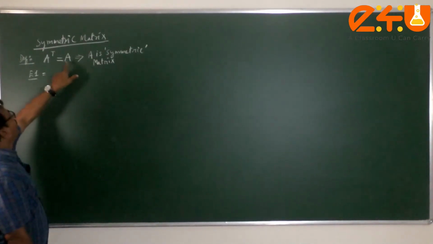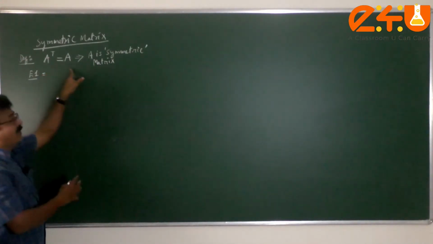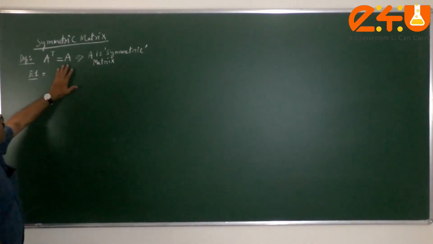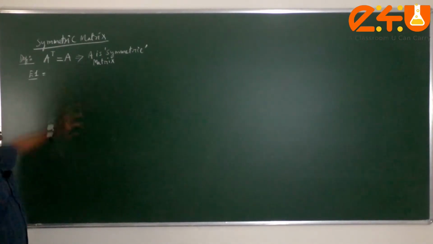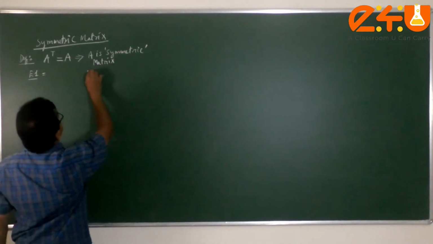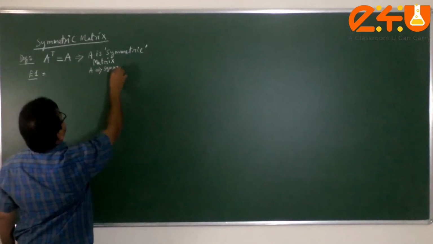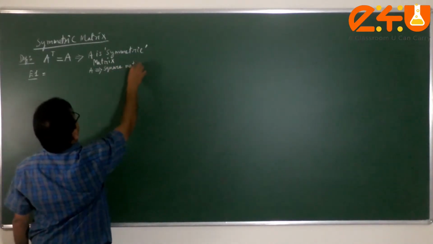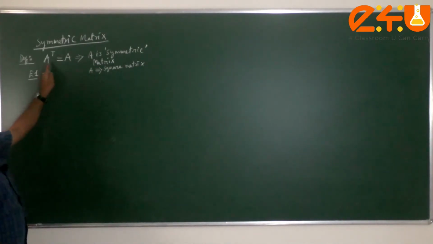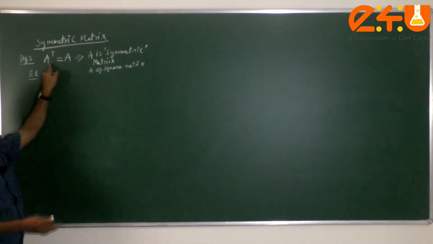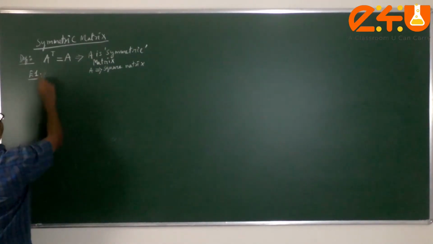So for this equation to be fulfilled, the essential condition is that A has to be a square matrix. Or else, A transpose will have a different order than A. Alright, so let us go for example 1.